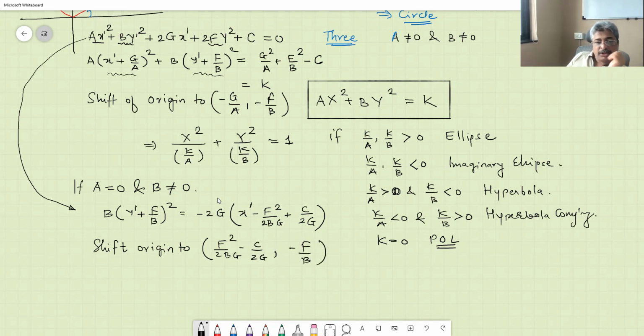If you shift your origin to this, then you will get the expression looking like b capital Y square is equal to minus 2g times capital X. This is your parabola.